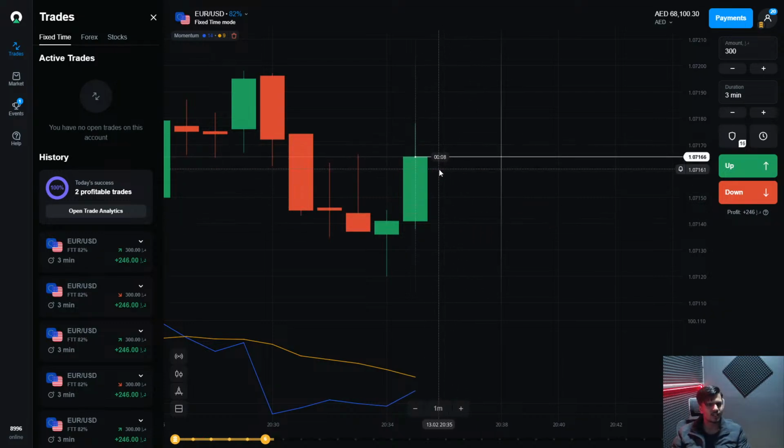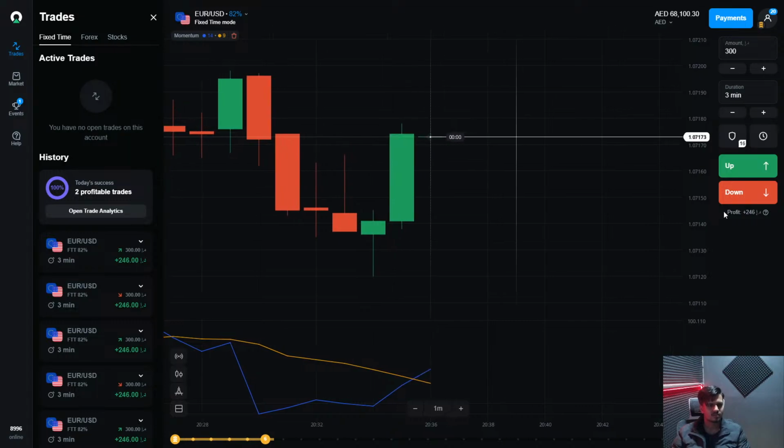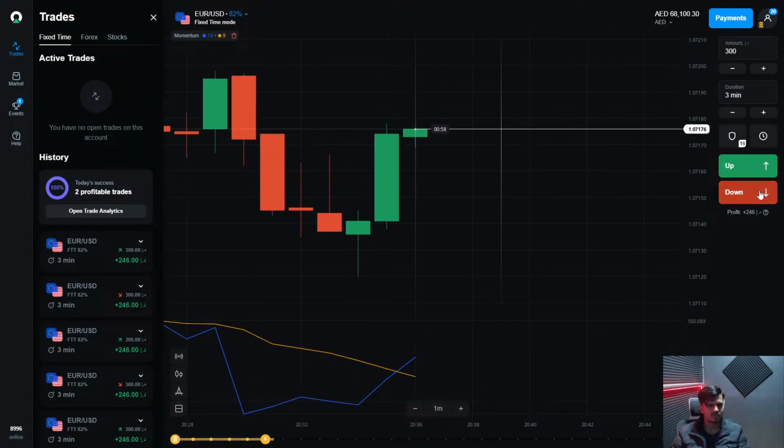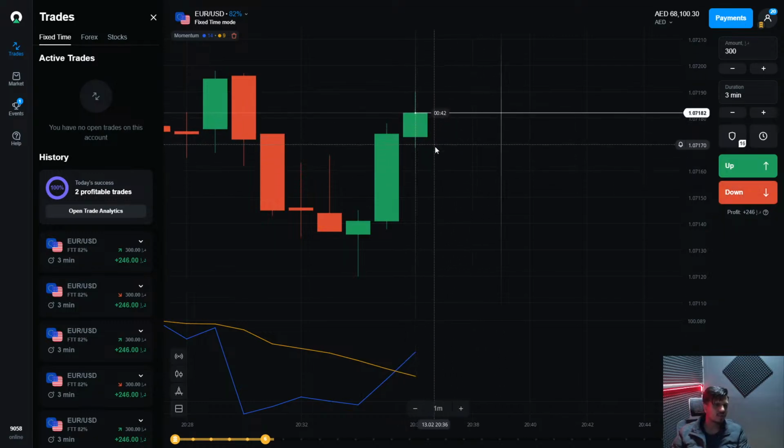I'm just waiting for the 10 seconds, and let's see if it will come downward or upward, and after that I will make the new trade. It's trying to move down, upward.